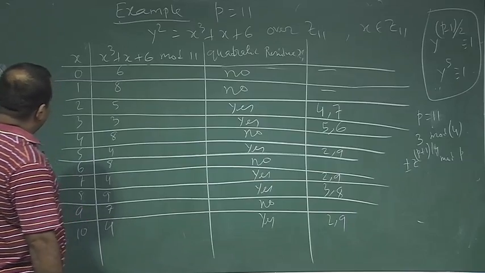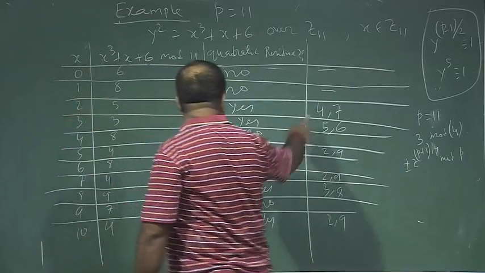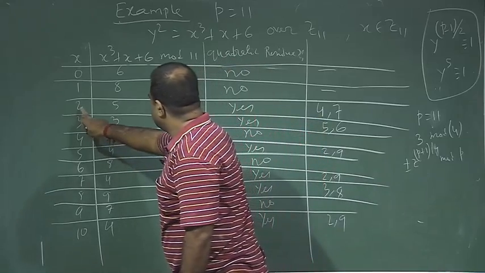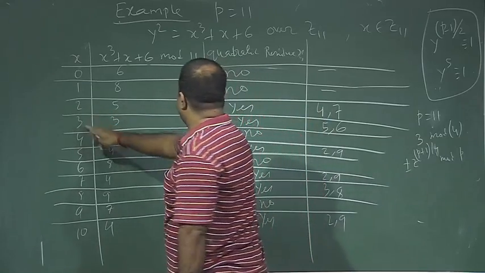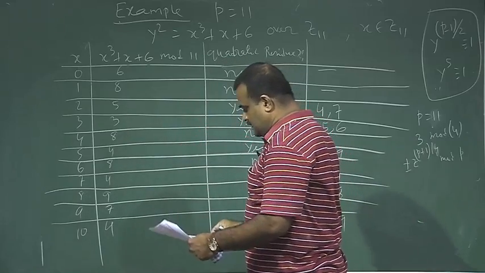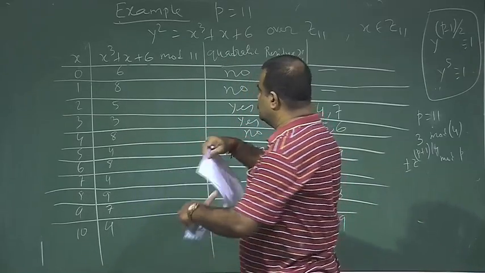So, we got the points. This is x, and we have two options for y. So, these are the points 2 comma 4, 2 comma 7, then 3 comma 5, and these are the points on the elliptic curve. Let us just quickly write the points.